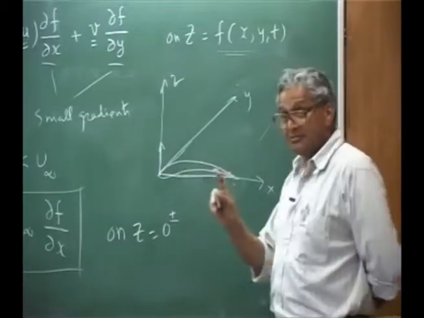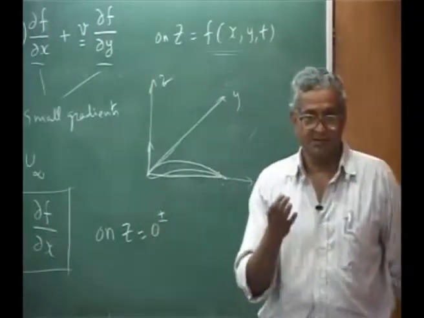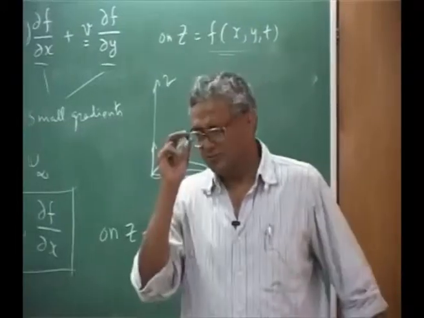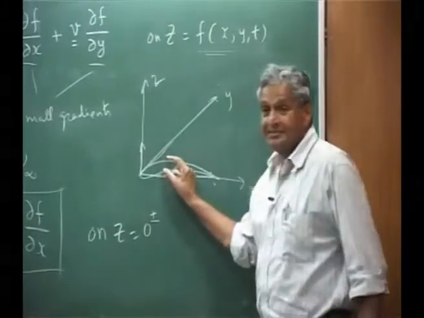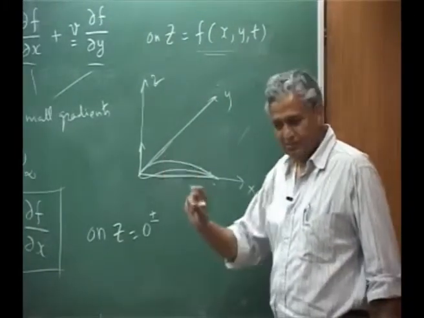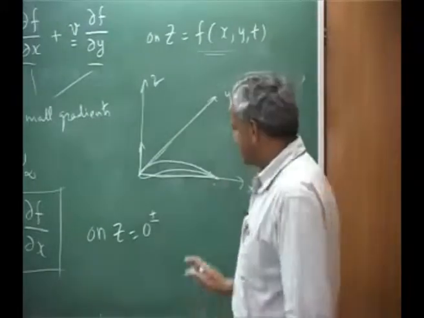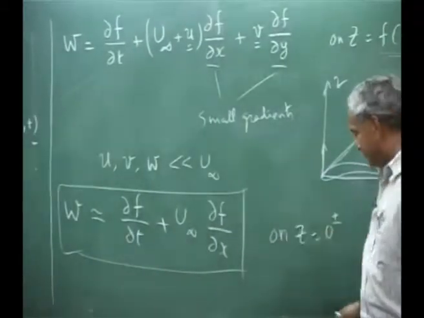Now what happens to the off body boundary condition? What happens to the thickness? Does it do anything? That we will do, the off body condition, later. Because right now we will say this is my boundary condition.